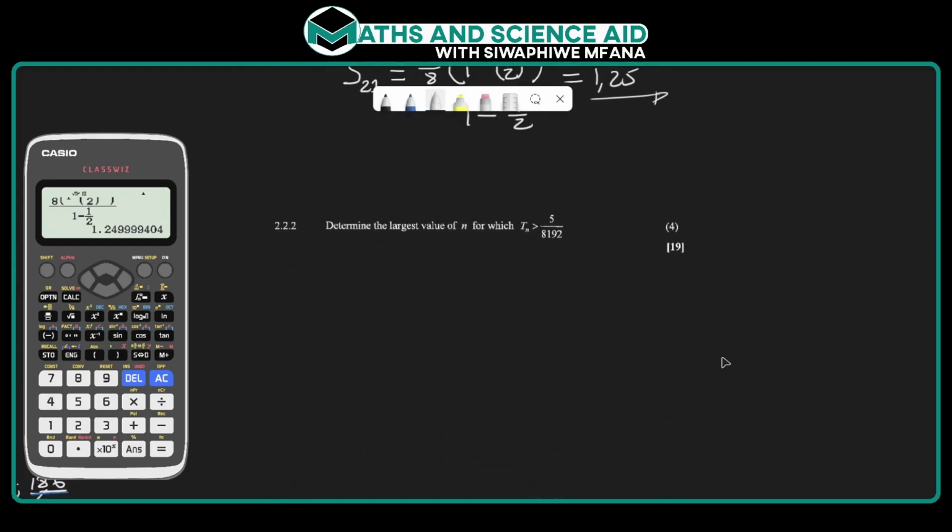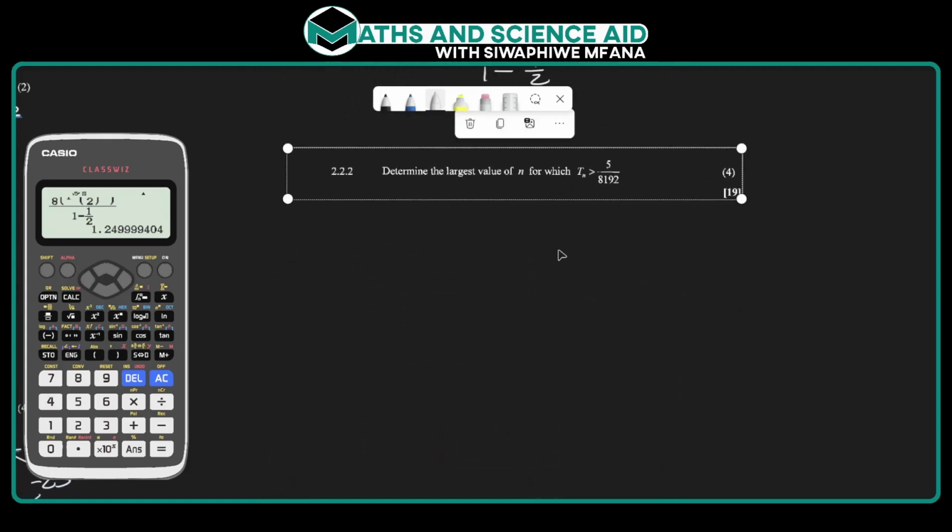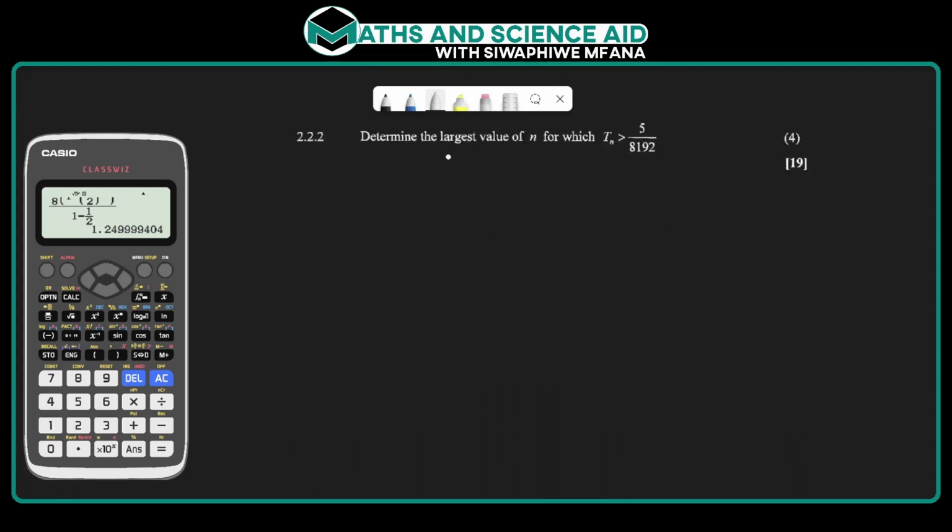And now the next question here is determine the largest value of n for which Tn is greater than 5 divided by 8,192. Okay, so for this one here, it means that we need to solve an inequality, right?